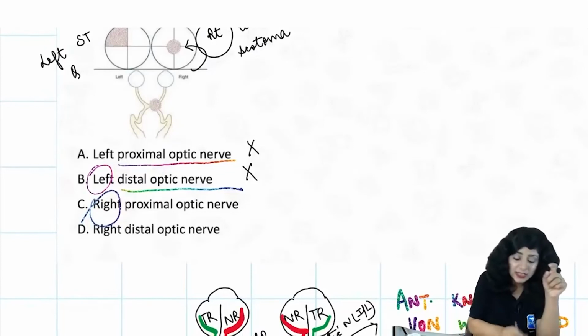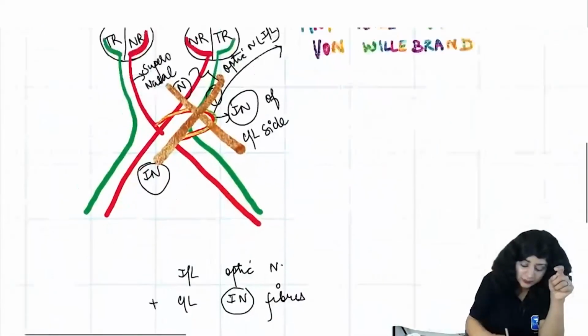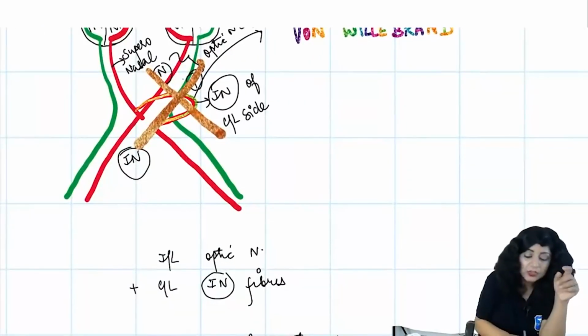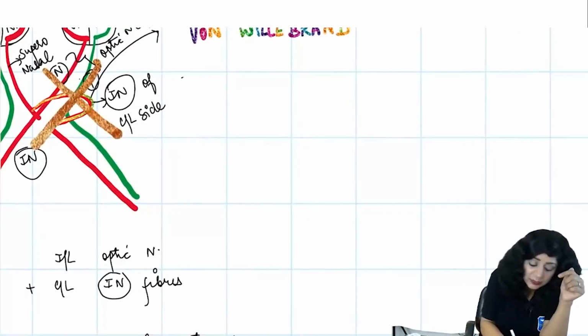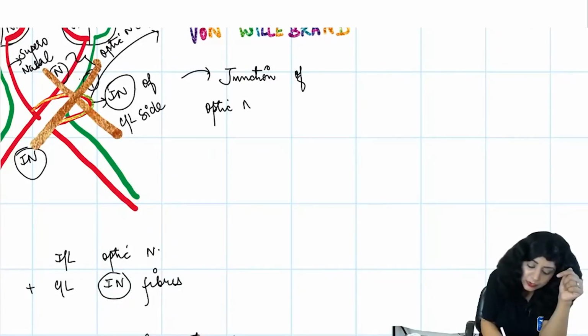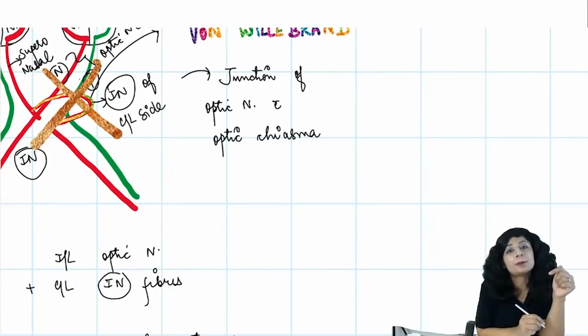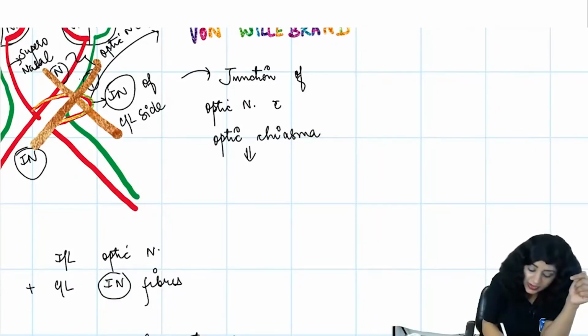What is this? This is the junction of the optic nerve with the optic chiasma. That is why it is also called the junctional scotoma. So you should know what the anterior knee of von Willebrand is, and what a junctional scotoma is: it is the junction of the optic nerve and optic chiasma.